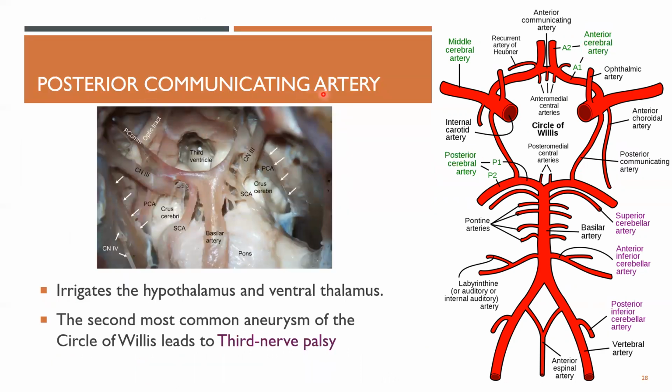Your posterior communicating artery, this one, irrigates the hypothalamus and ventral thalamus. The second most common aneurysm of the circle of Willis leads to a third nerve palsy. Okay, so this is your basilar, posterior cerebral, connecting it to the internal carotid artery would be your posterior communicating artery.